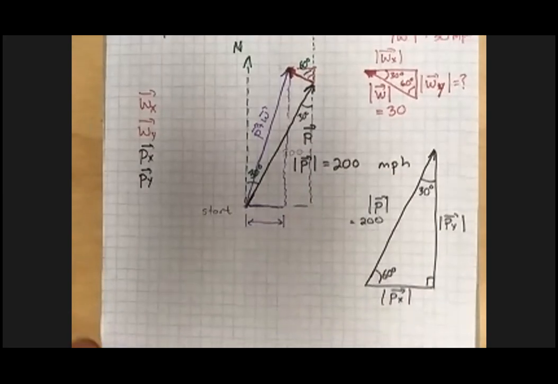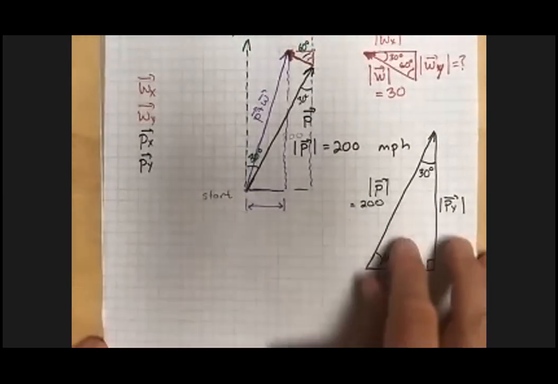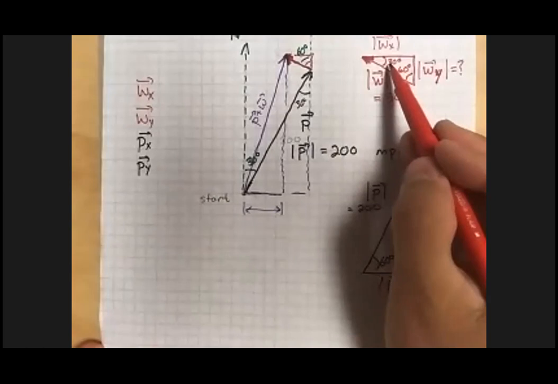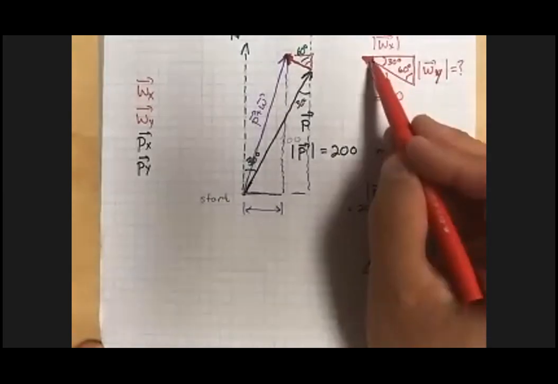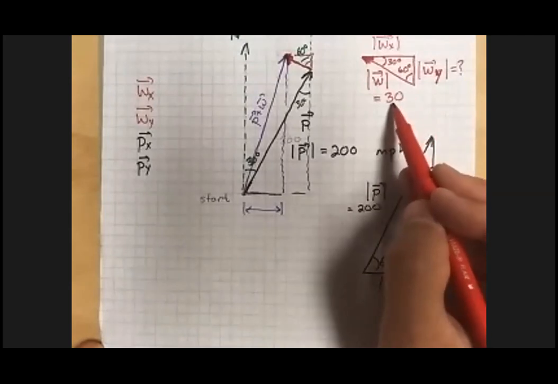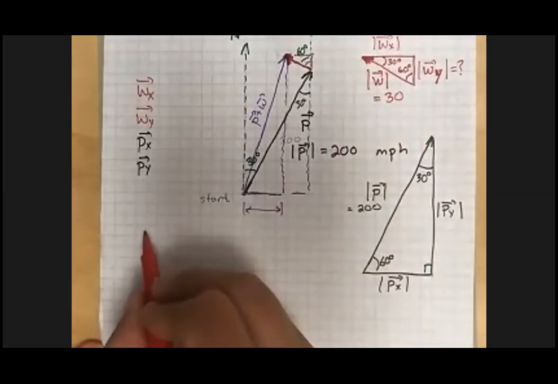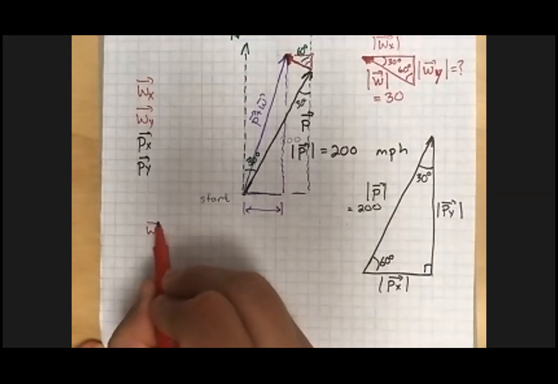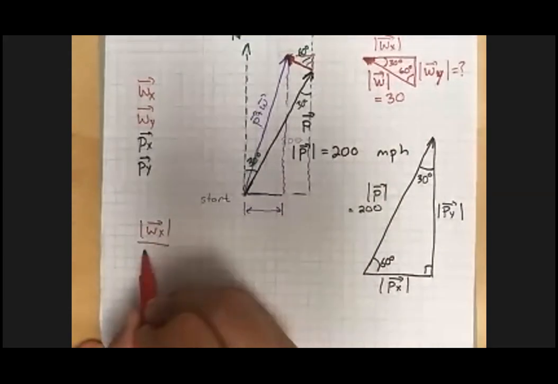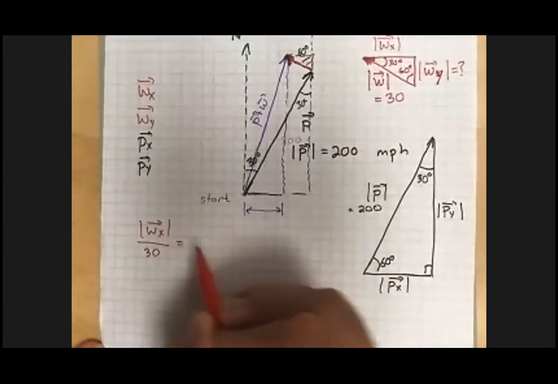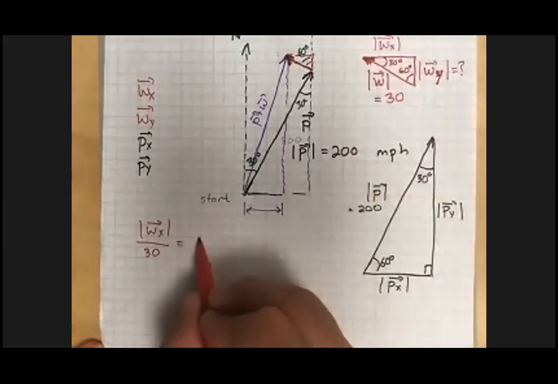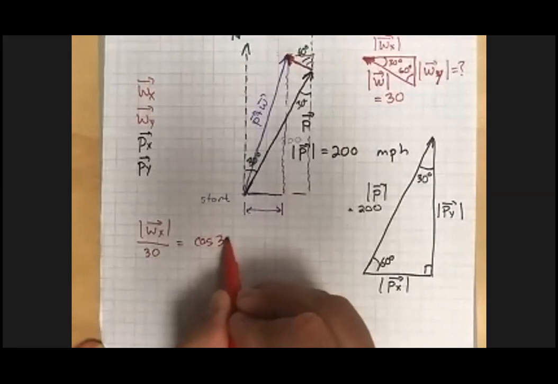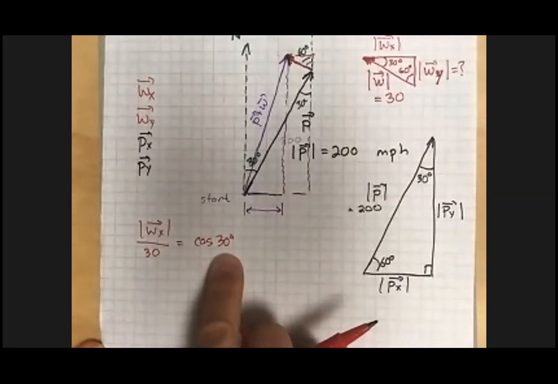So I'll start down here from this triangle. At 30 degrees, WX is the adjacent side and the hypotenuse is 30 miles per hour. So I can say WX magnitude over 30 miles per hour is the what? Cosine of 30 degrees.